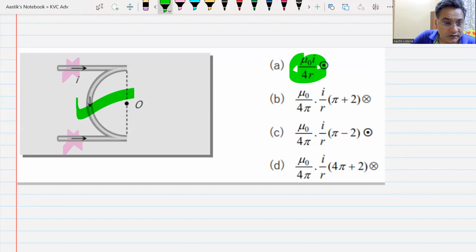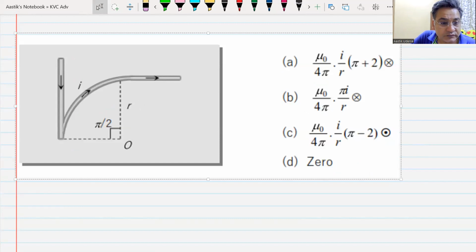Yes, sir. Do you have the sheet with you in the class? Yes, sir.